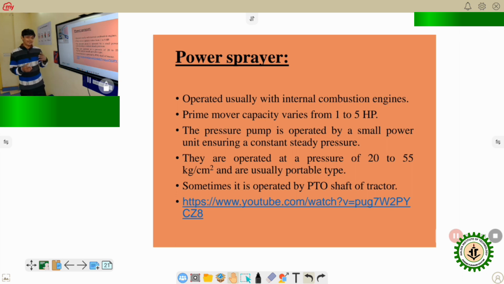Apart from that, we can use PTO also. PTO means power takeoff. It is directly connected to the splines that are connected with the engine, and from there we get power and operate this sprayer very effectively. So it is a powerful sprayer generally used for large areas.